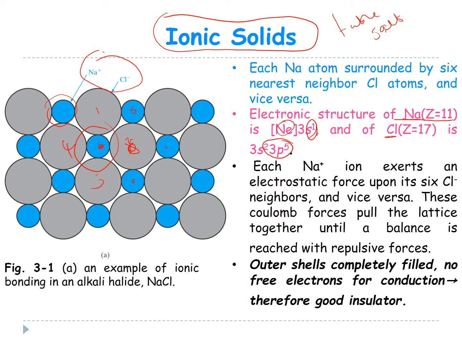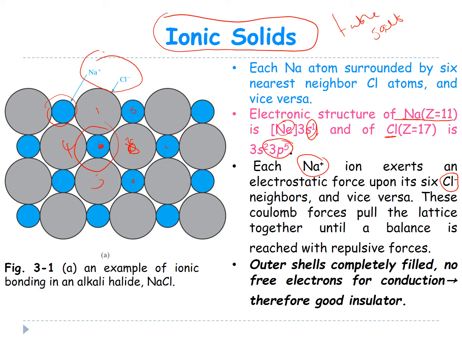So the sodium atom gives one electron to the chlorine atom, and because the sodium atom loses one electron, it becomes positively charged. And because the chlorine atom accepts an extra negative charge, which is the electron, it becomes negatively charged.